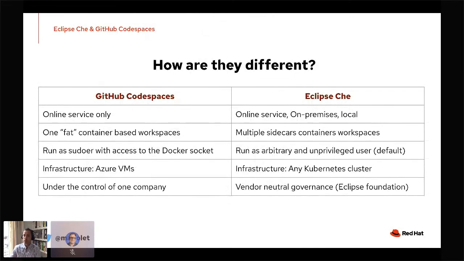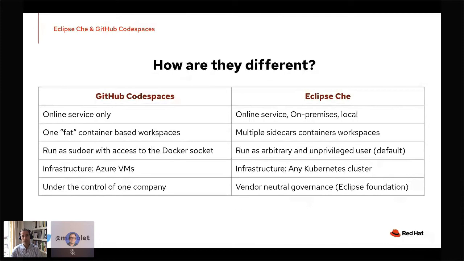There are online instances for it, but it's actually an open source project that you are able to deploy on premises, on private or public cloud, or even locally. You can use it on whatever. You only need a Kubernetes cluster to be able to deploy Eclipse Che. So wherever you can deploy a Kubernetes cluster, you will be able to deploy Che.